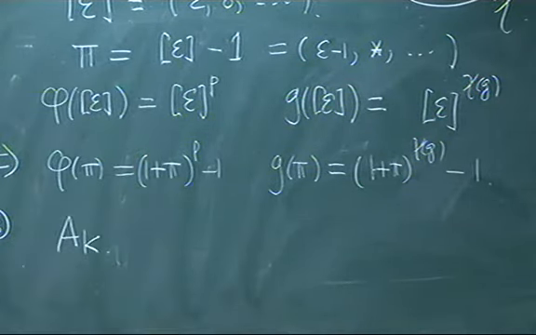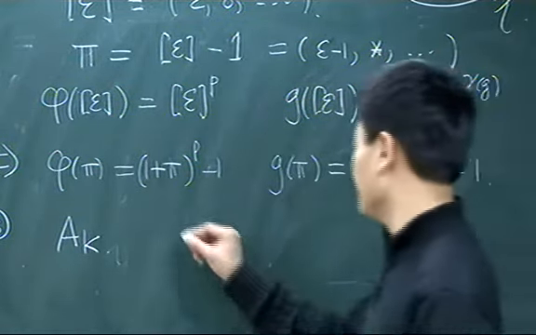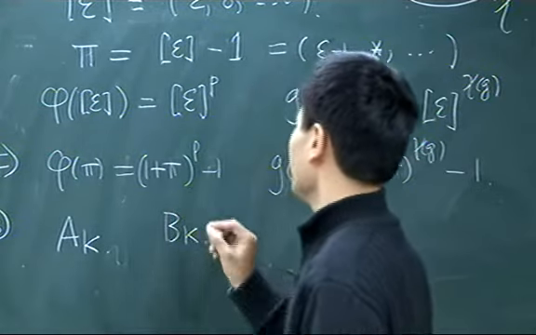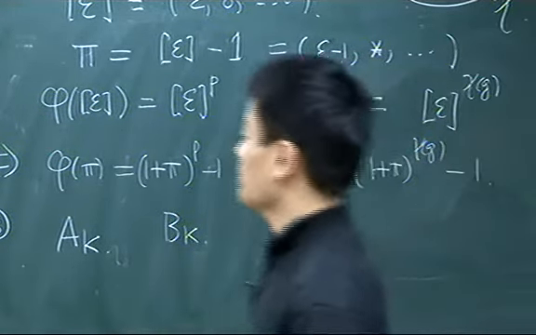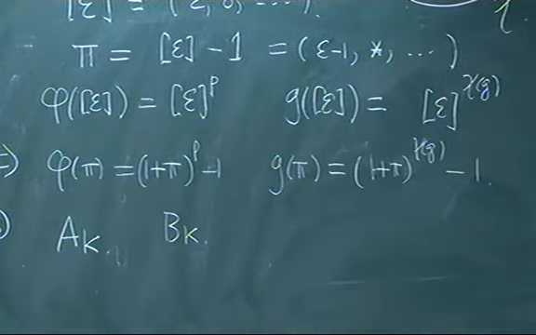So this is the second thing, and also the actions. So the third one is we have this A_K. So here we have A_K tilde, but again we can have A_K, and also we can have B_K. So what is A_K?